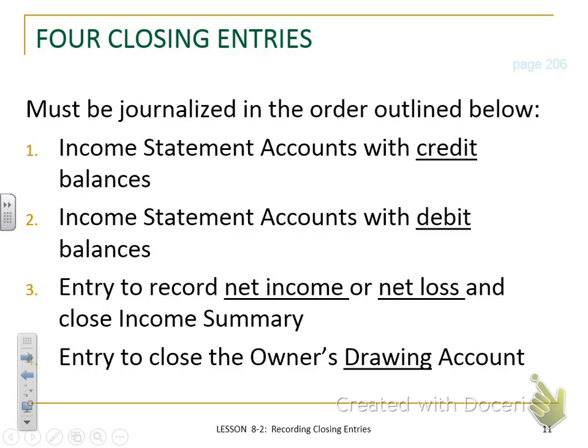Income statement with debit balances second. Then the entry to record net income or loss. And then the entry to do the drawing. So it's revenues first, expenses second, income summary third, and drawing is fourth. You have to do your closing entries in that order. Good?